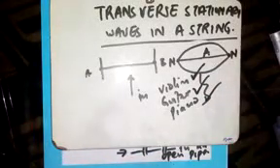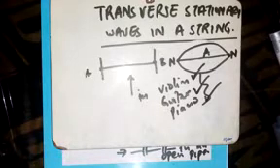Now this is not the problem. Let us look at another thing concerning transverse stationary waves in a string. This thing is called the velocity of transverse stationary waves in a string.